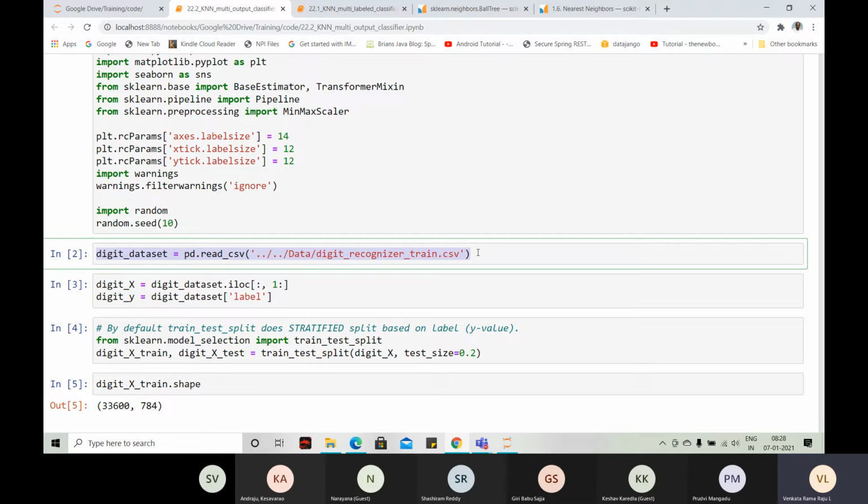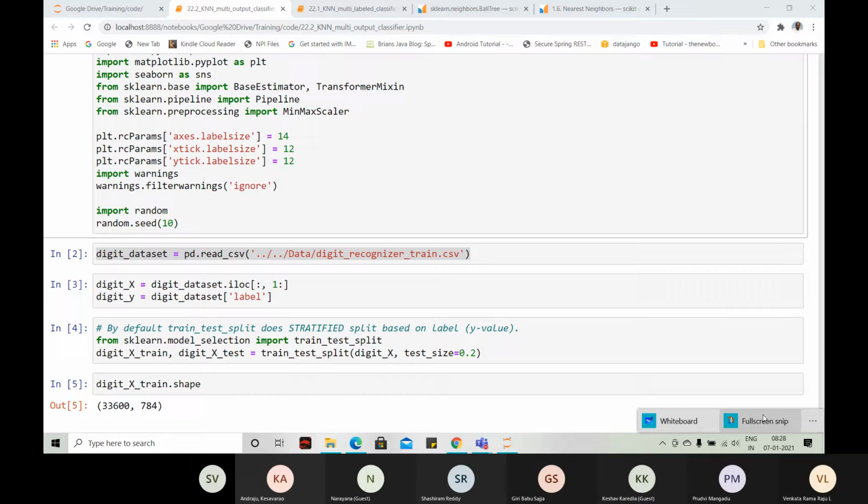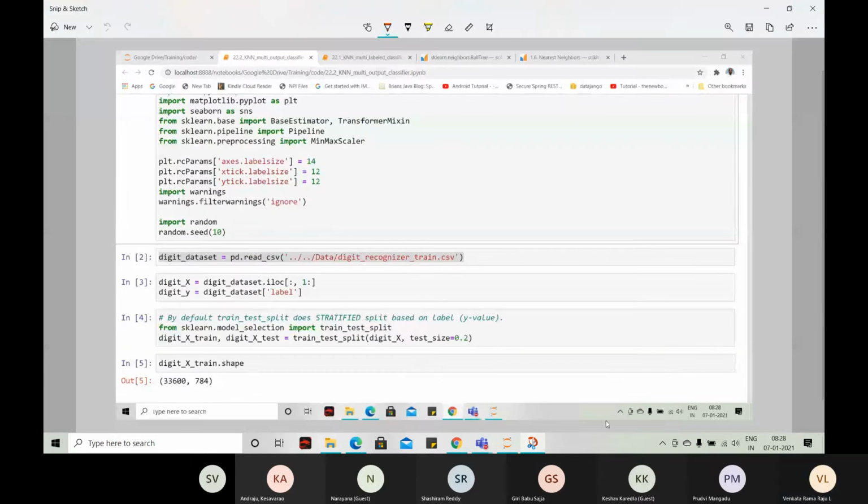So we have to unblur that car number. This is a document which is blurred, and we have to make it unblur.